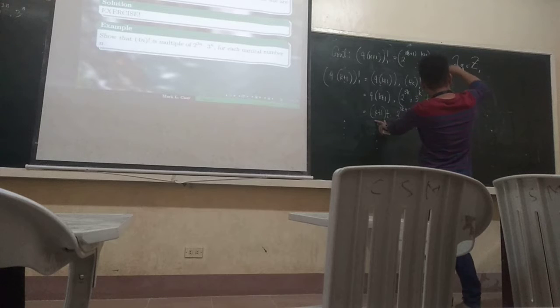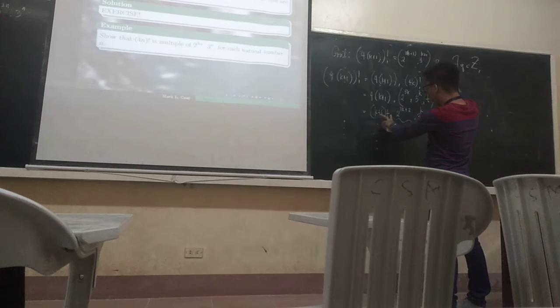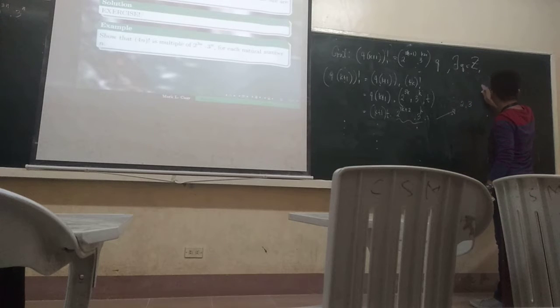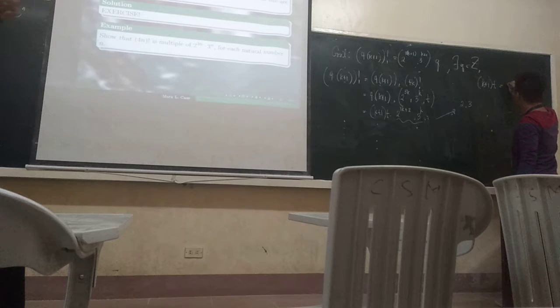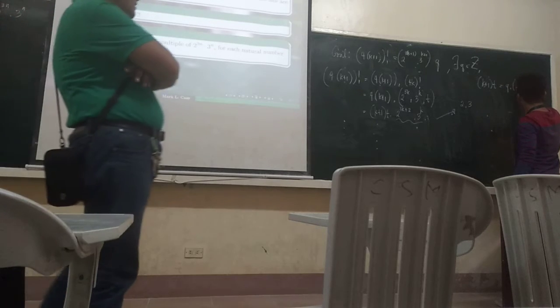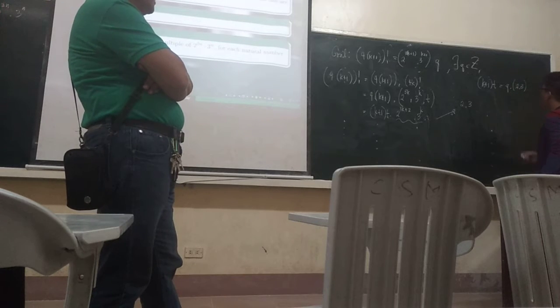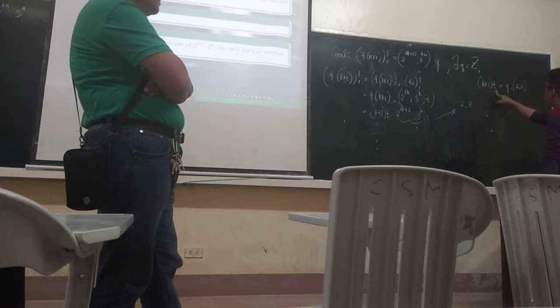Kung Q na siya, Q times. So, akong goal is 2k plus 1 t is equal to 3k plus Q 3 times 2 times 2 times 3. This is integer. This is integer. This is integer.